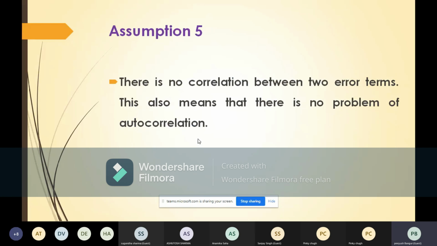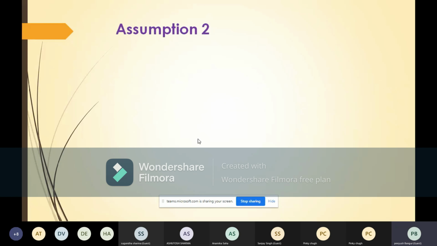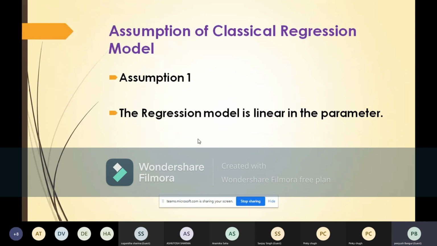Like assumption number 1, which says the regression model is linear in the parameters. When the regression model has the standard format, it is assumed that the model is established in the standard way. So this assumption is automatically approved. There is no need to apply any test.